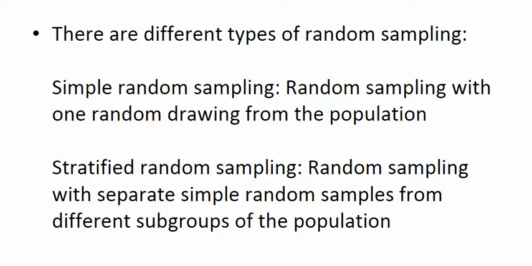You might get 6 males and 4 females, or you might get 8 males and 2 females, even though that's a little bit unlikely. But in simple random sampling, you're likely to get a pretty representative sample, but you're not likely to get the exact numbers you're looking for. You just get what you get, right?